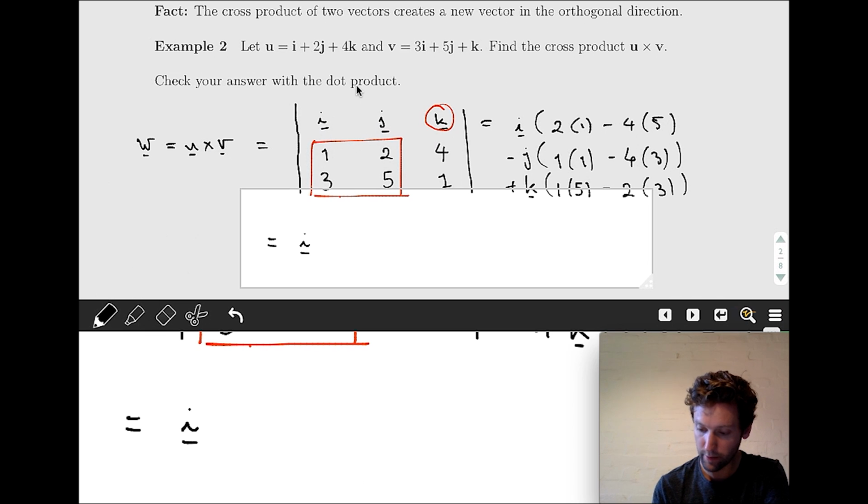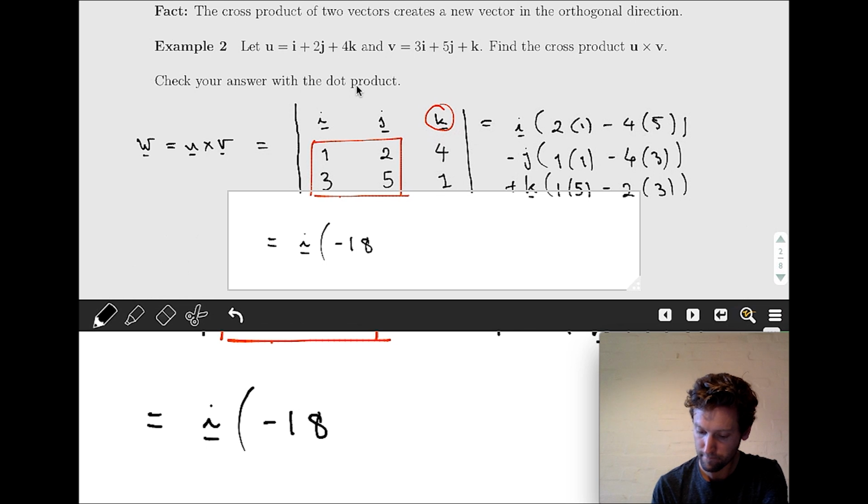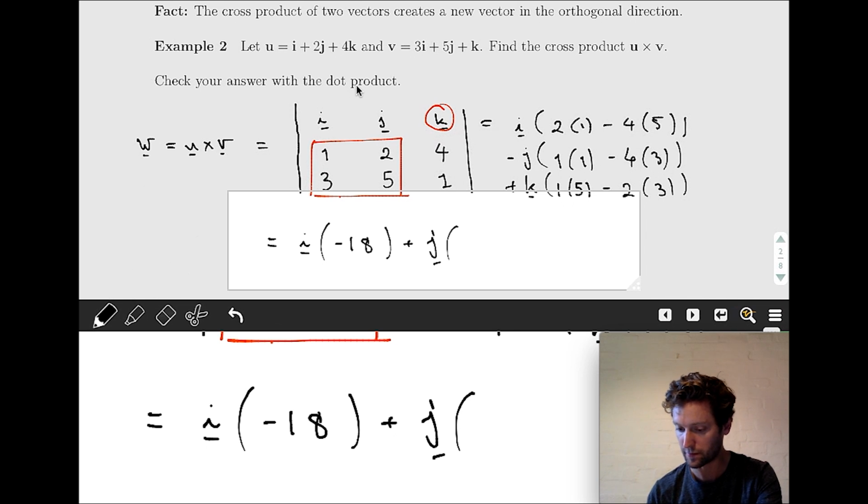So for my i component, I'm going to get 2 times 1 minus 20, which is minus 18. My j component, let's not forget that factor of minus 1.